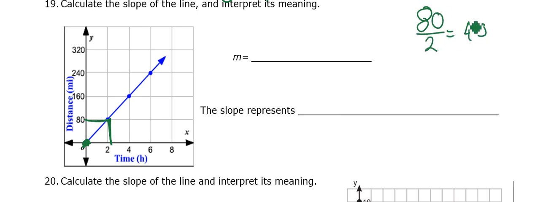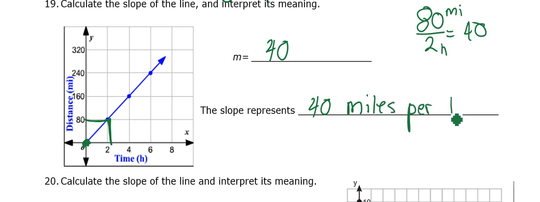And here, 80 is my miles and 2 is my hours. So 80 miles for every 2 hours would mean it would be 40 miles per hour. So my slope is 40, same as my unit rate, 40, and it represents 40 miles per hour.